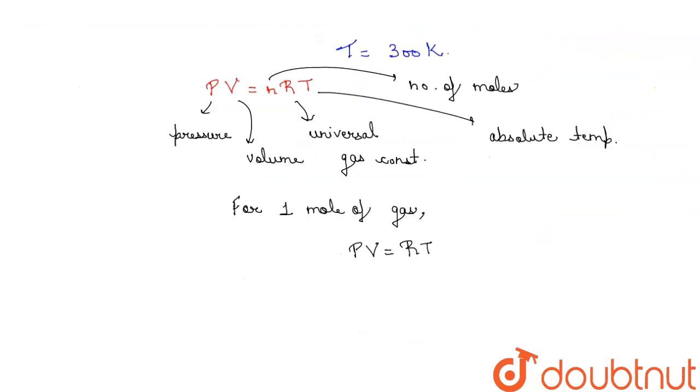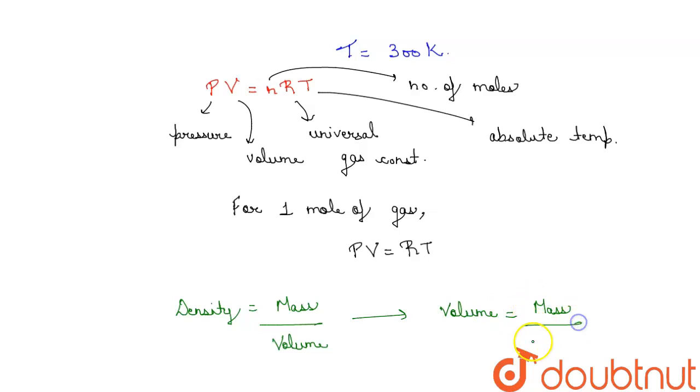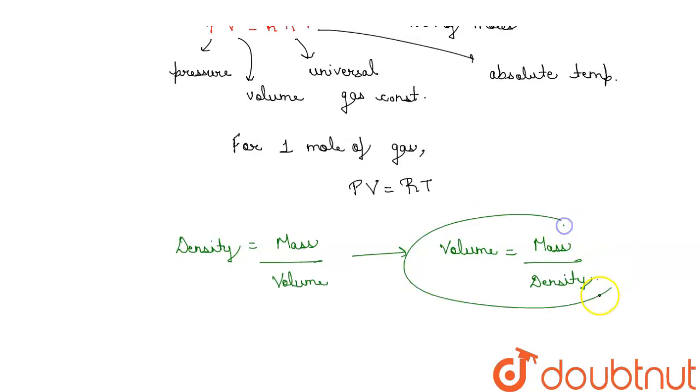Now we know that density is nothing but mass per unit volume. So from here we can write volume is equal to mass by density, and we will use this expression in the ideal gas equation.